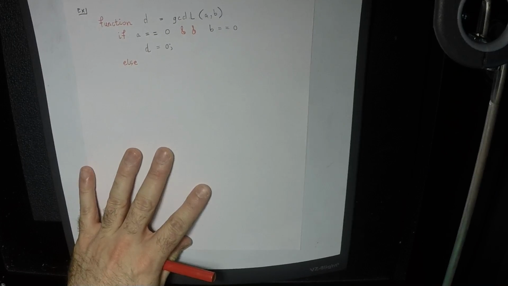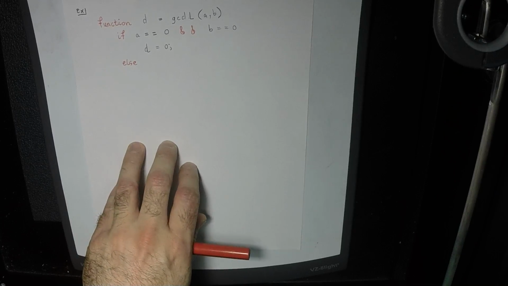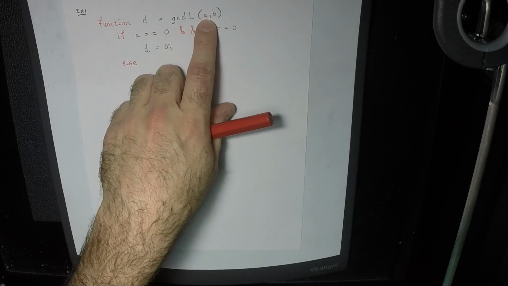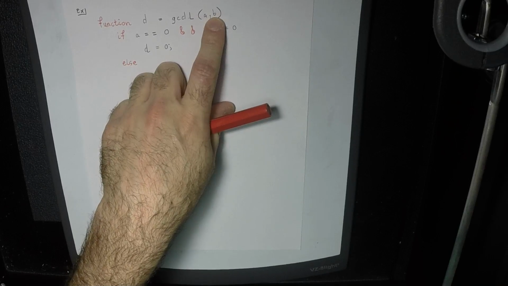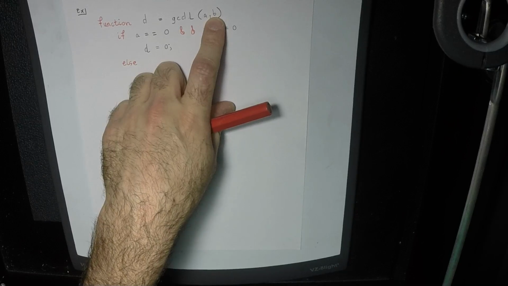So else. So now we need to put them in the right order, because it might be the case that I called your function and the first one is 70 and the other one's 23, so that they're not in the right order. So let's put them in the right order. How do we do it?